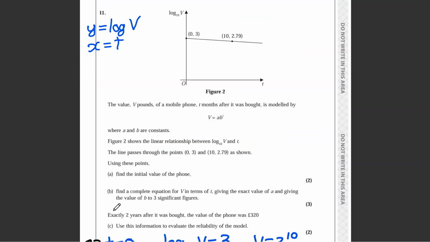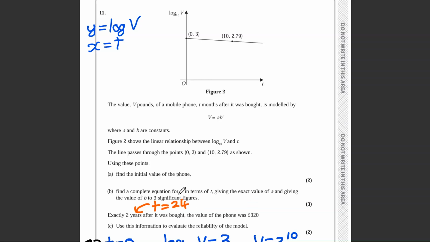Okay, and then for part C, we're told exactly 2 years after it was bought, the value of the phone was £320, and we need to use this information to evaluate the reliability of the model for 2 marks. Okay, so remember t is in months, so if it's exactly 2 years after it was bought, t would be equal to 24, because it would be 24 months.